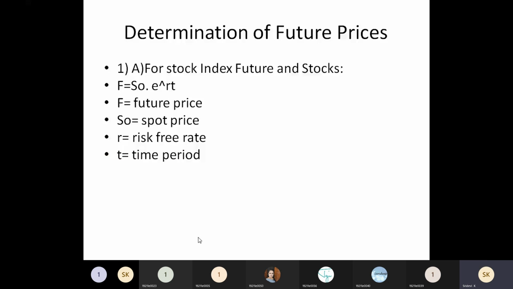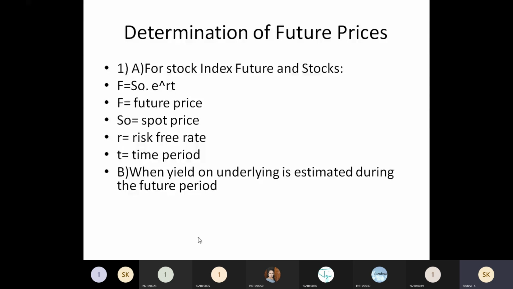The second thing we are going to calculate is when there is any yield, that means any return on the underlying asset, which is estimated for the future period. How are you going to calculate this? When yield is given in the problem, you use the second formula. What is that formula? I already explained all these formulas in the beginning.